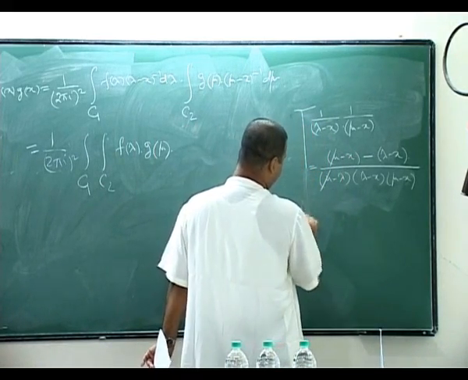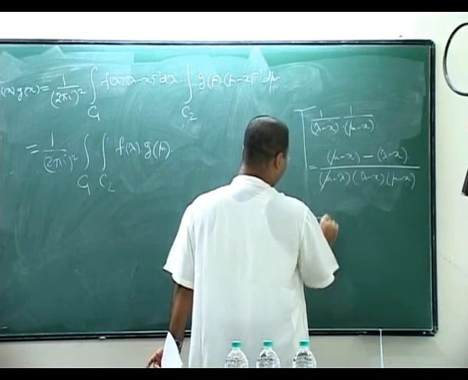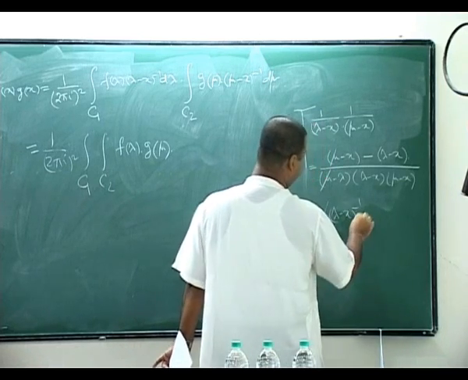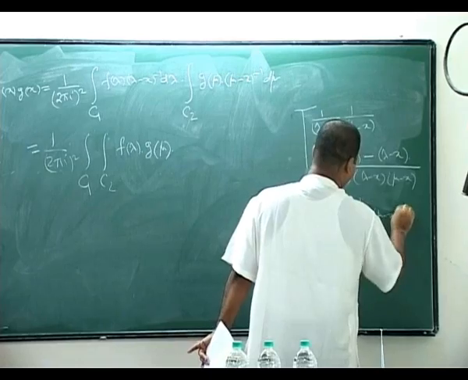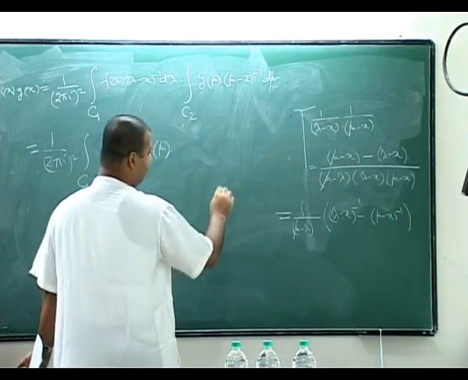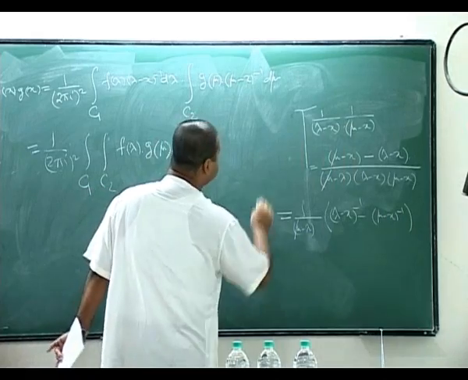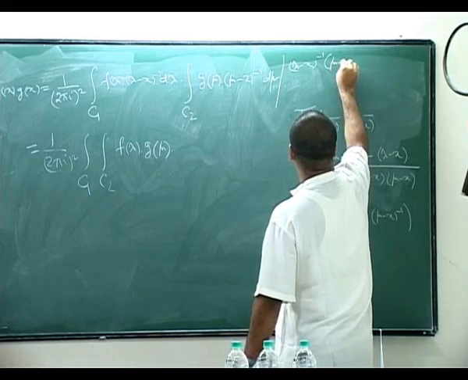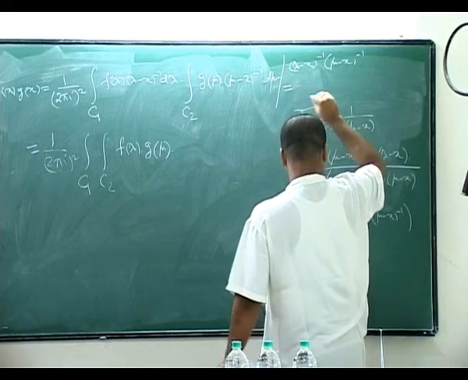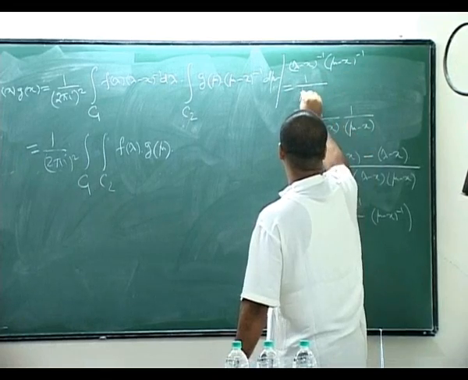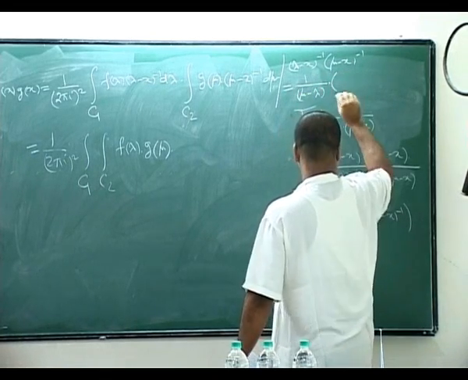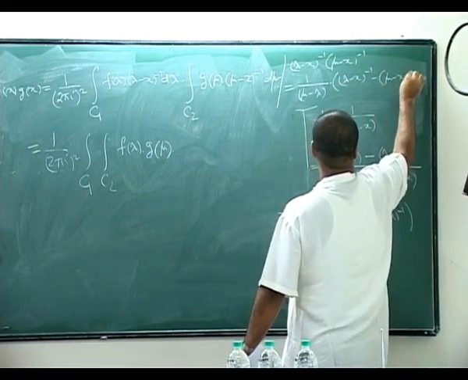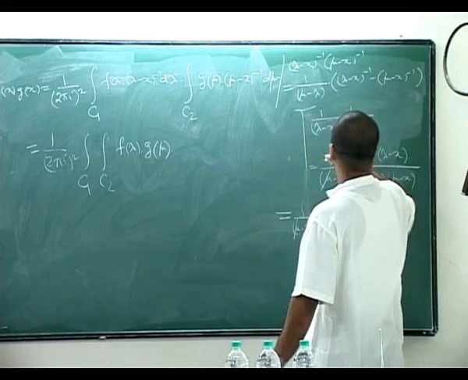This is like 1 by mu minus lambda, lambda minus x inverse minus mu minus x inverse. So, the formula is the following, this is called resolvent identity.